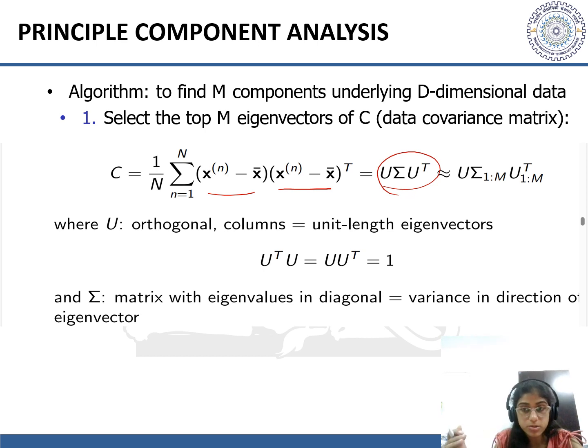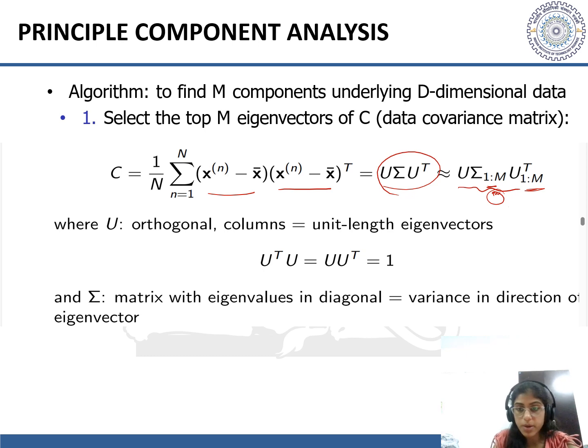Now I want to reduce it, so I'll be taking the m largest eigenvalues of this covariance matrix. So this is reduced or approximated to 1 up to m. This is the matrix with m columns, reducing the dimensions from d to m.